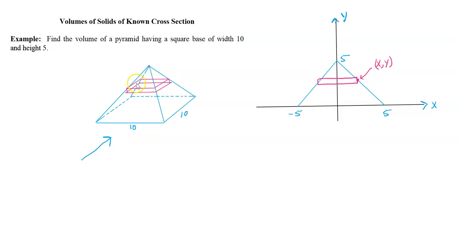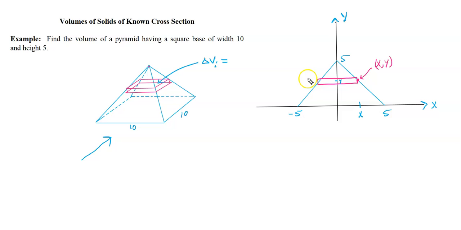Now let's calculate the volume of this little slice right here. So the volume, let's call it delta V_i. For this rectangle right over here, what is the width of it? Well, this is x right here on the x-axis, and this is y.